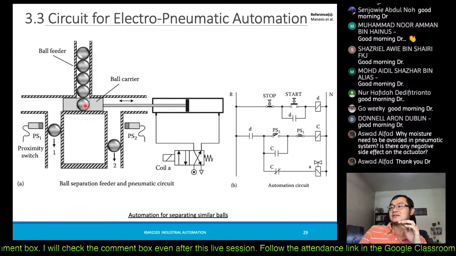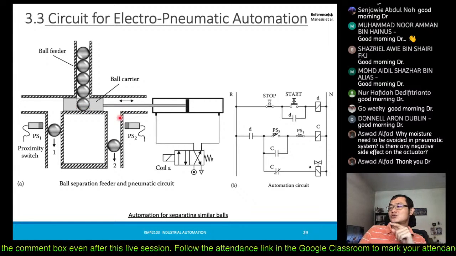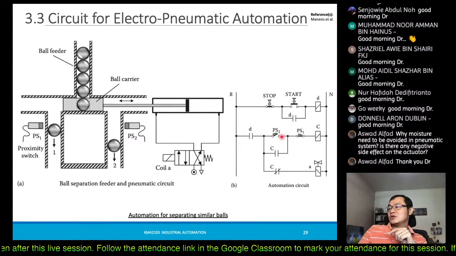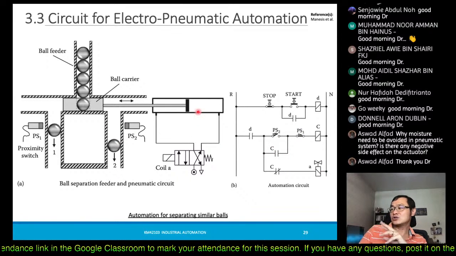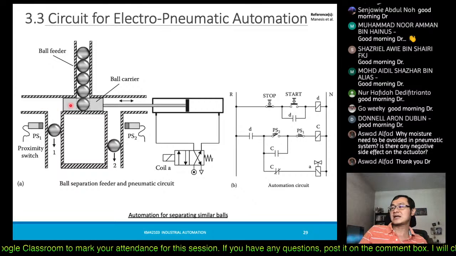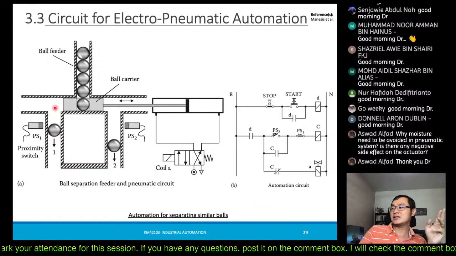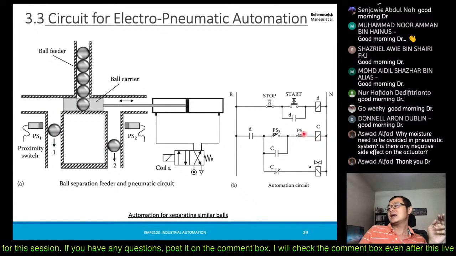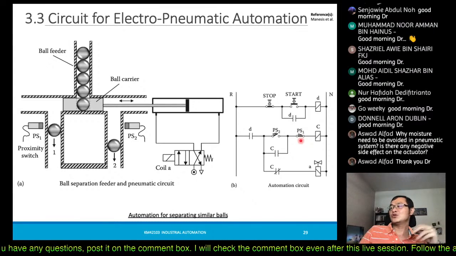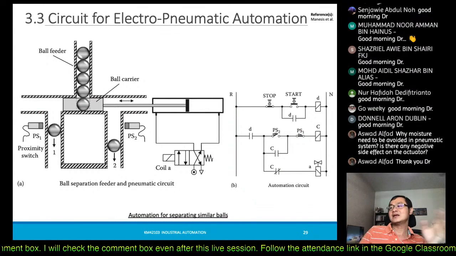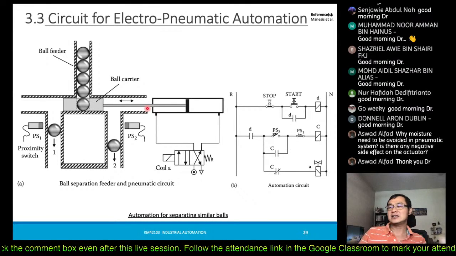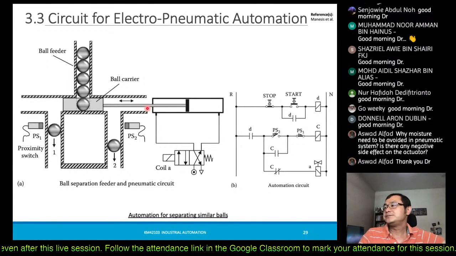Once this passes through, you will activate continuously and release. So this one will now move to the other side and push another ball over here. When it passes through here, this one will deactivate, so it will retract again and go back, and so on. So this is the idea of this circuit.